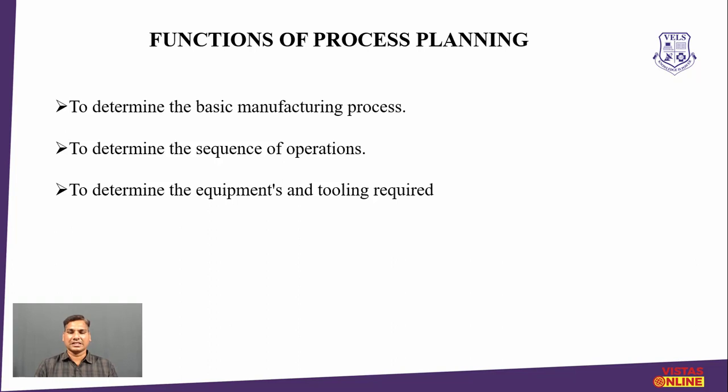To determine the sequence of operations is another task in manufacturing your product. Another important task is knowing the sequence: where we started, what the next step is, and after that the next step.